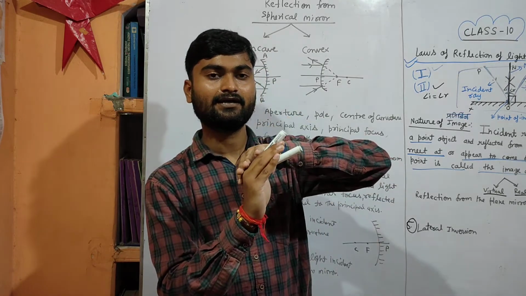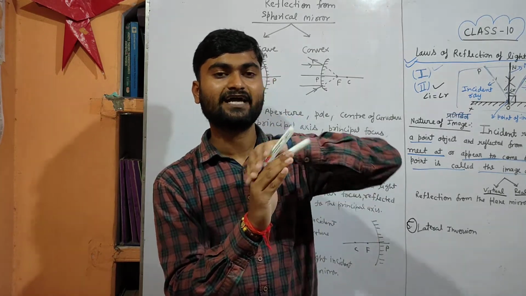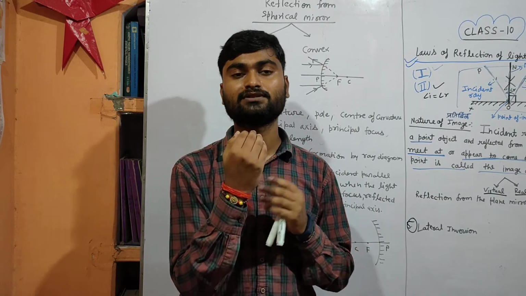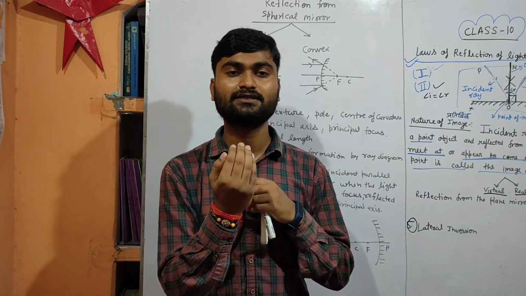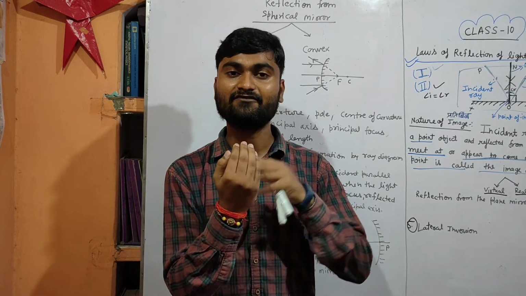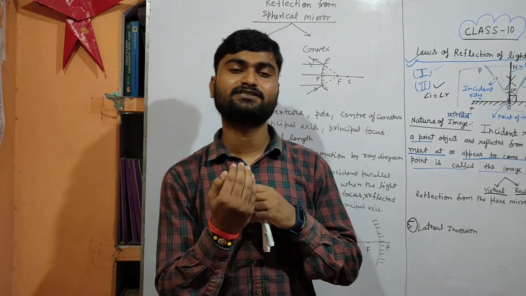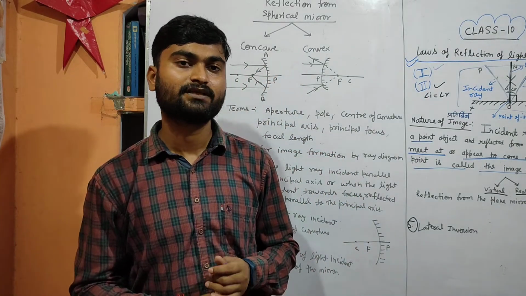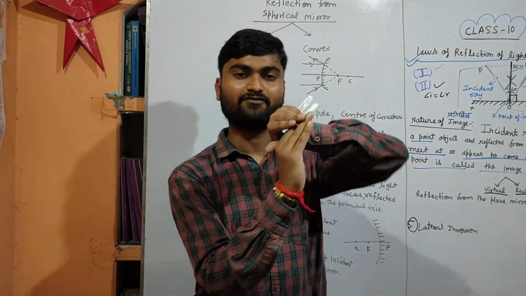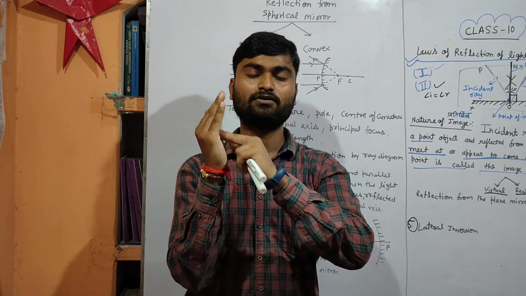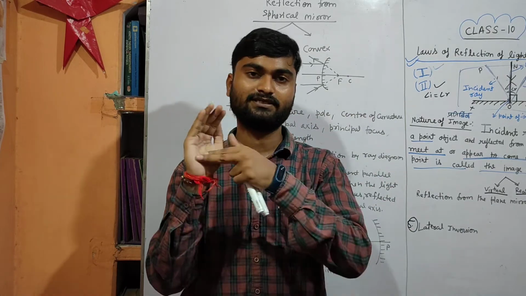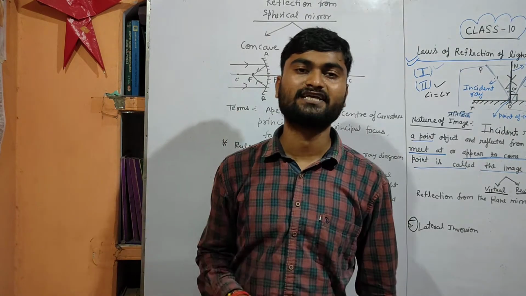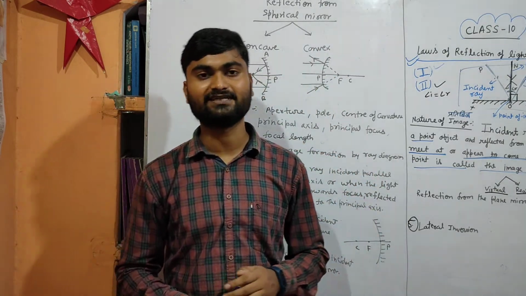And opposite to the concave surface we have the convex surface, which is bulged out, जो उभरा हुआ होता है, बाहर की तरफ निकला होता है, the surface which is away from the center of curvature, away from the center of the sphere. So we have the convex surface here and the concave surface here.